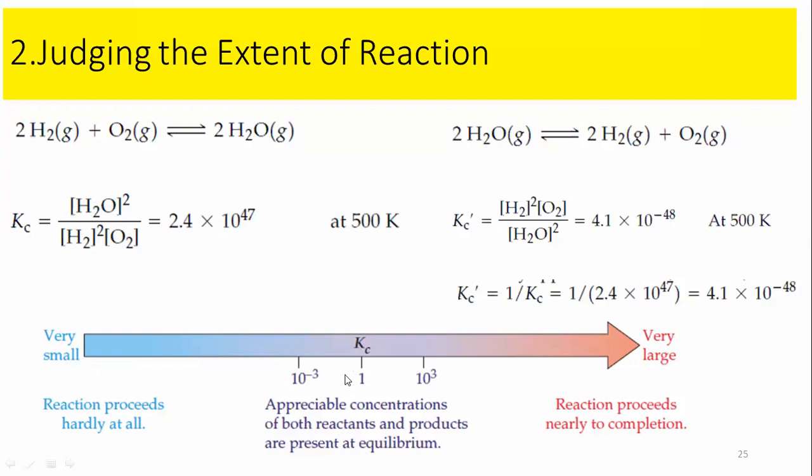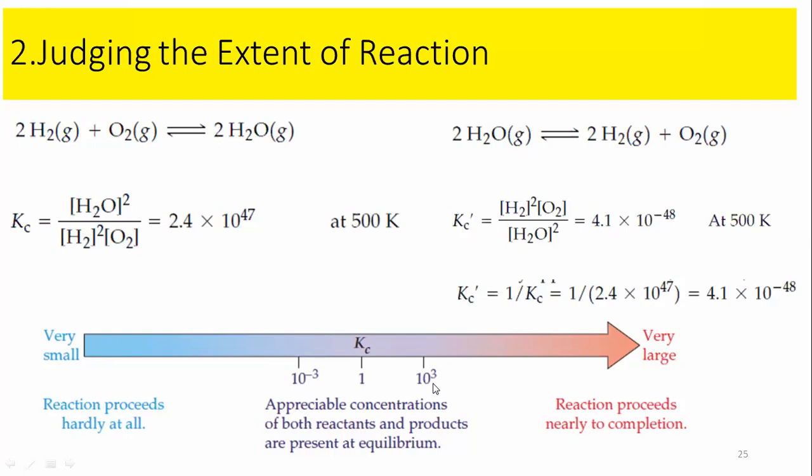As you move further from the value of one, the reaction proceeds hardly at all. That means if it is a very small value, the reaction is not going towards the product side. This is the case which is given over here. If it is much less than that, the reaction proceeds hardly at all, that means it is not moving towards the product side.